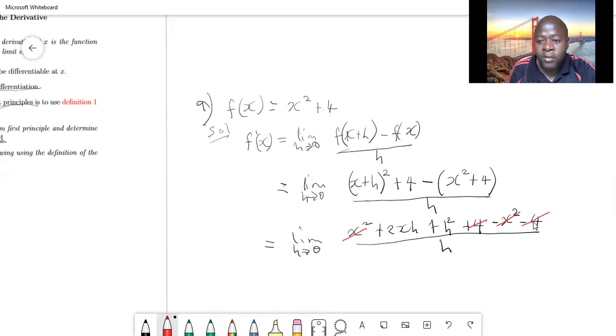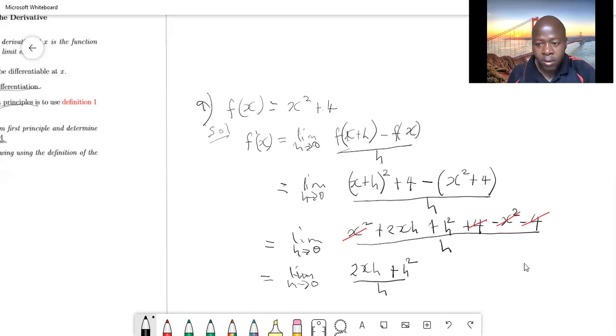Positive 4 minus 4 would give us 0. So what you are left with is the limit as h tends to 0 of 2xh plus h squared over h.